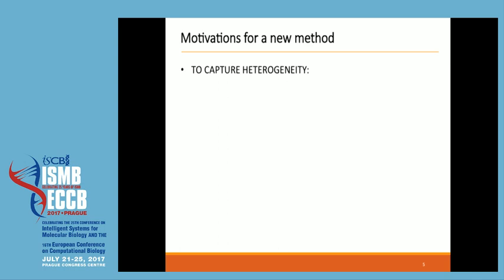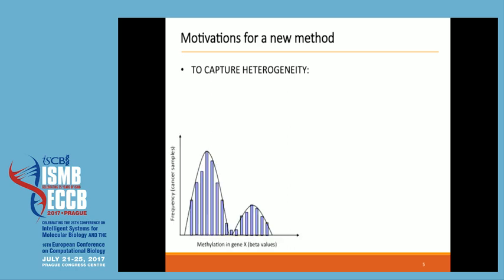First of all, we want to develop a method that can capture heterogeneity. For example, if we look at the distribution of methylation for an individual gene across a patient population, you can see for this toy example of a gene that there are clearly two different subpopulations within the overall population.